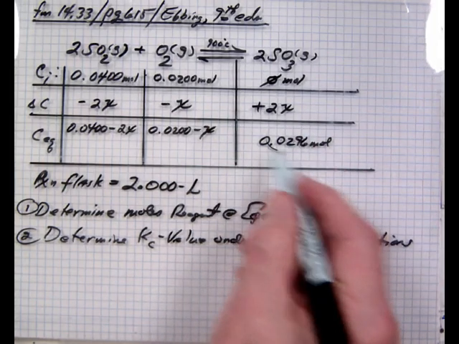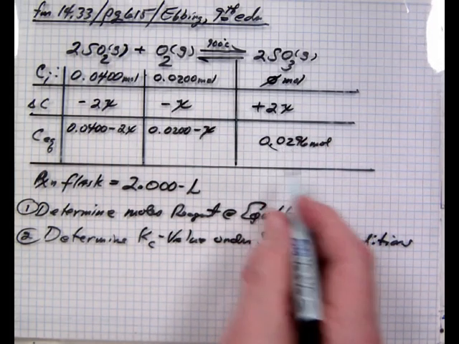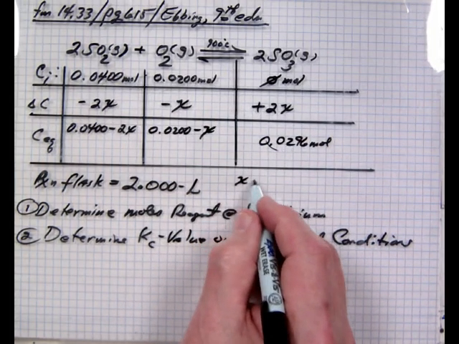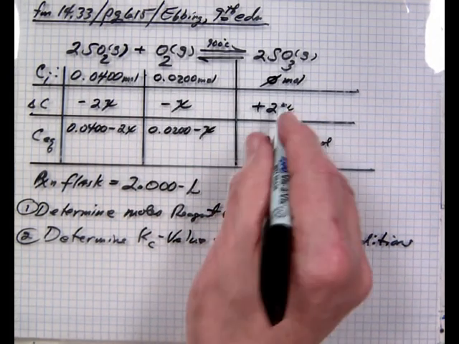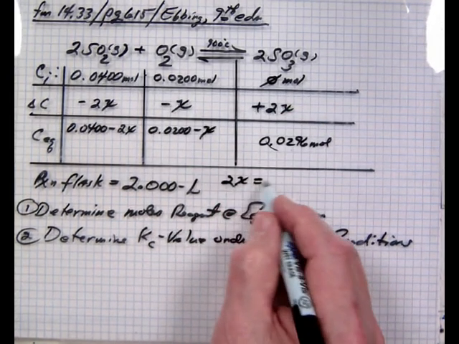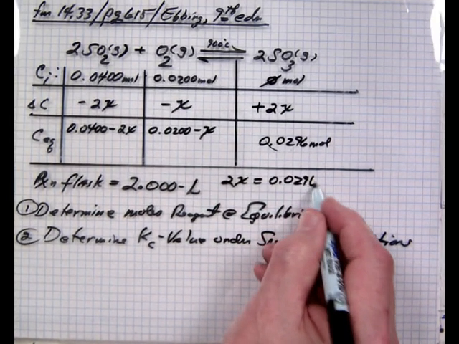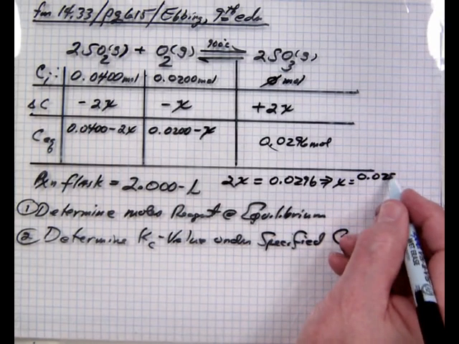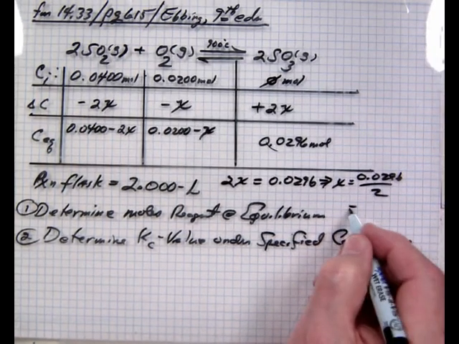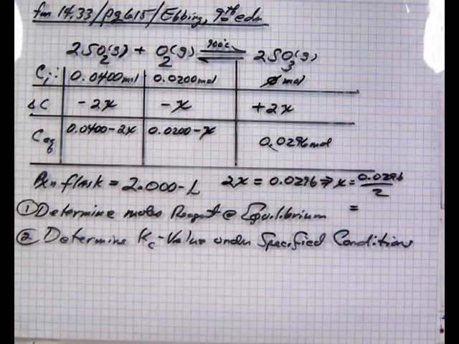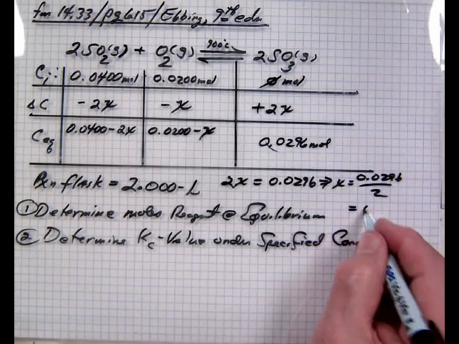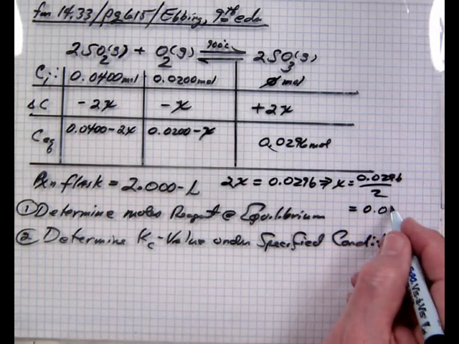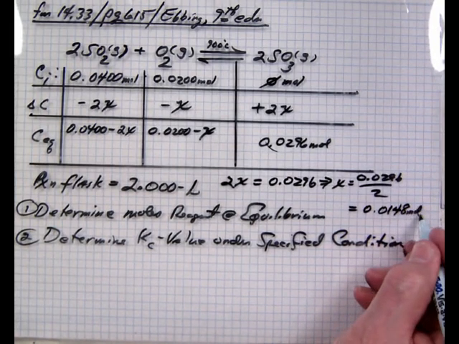Well, from this expression right here, we can calculate x. 2x is equal to this. Well, I better write it in. 2x equals 0.0296, which of course gives x equal to 0.0296 over 2, which equals 0.0148 mole.